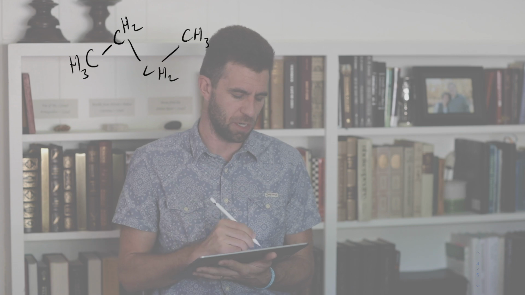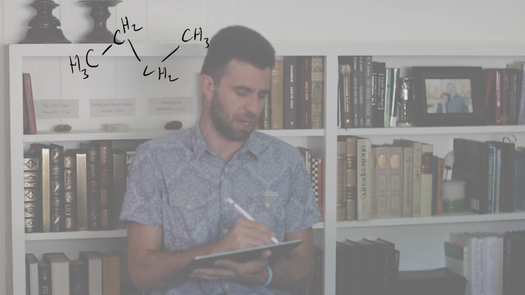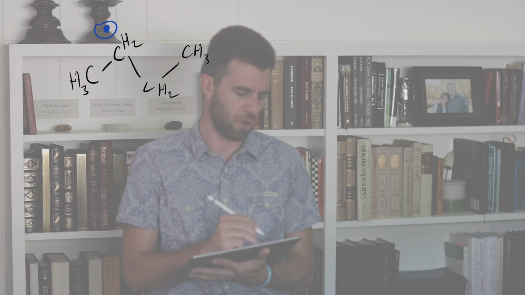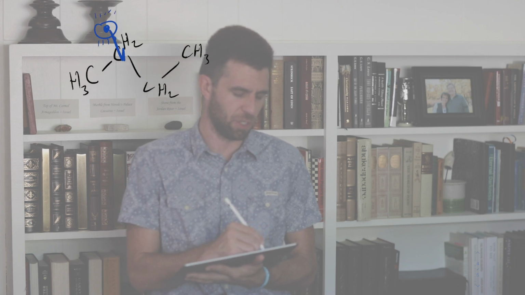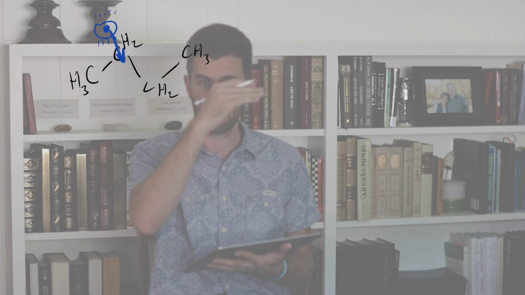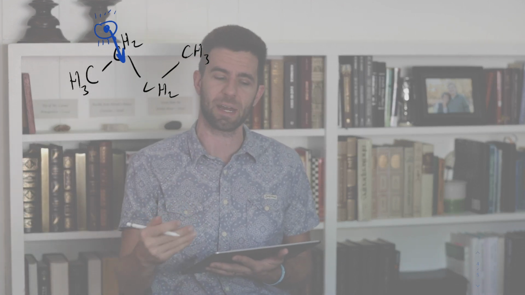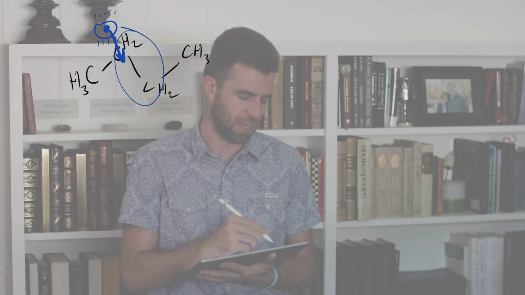So what I'm actually going to do is choose to look down, draw my eyelids in here, eyelashes in here so it looks like an eye. I'm going to look down this bond right here because that's going to give us the best Newman projection to understand this. So I'm looking down this central bond.